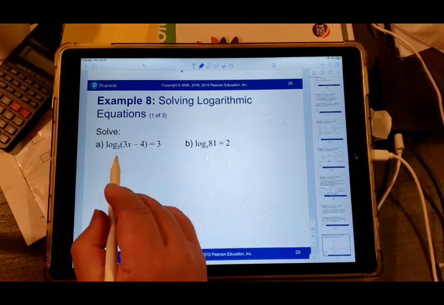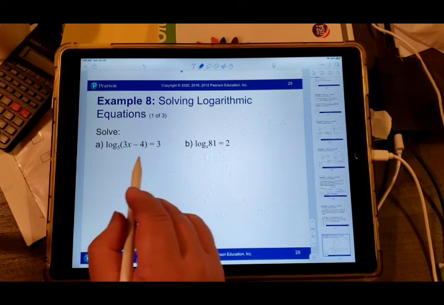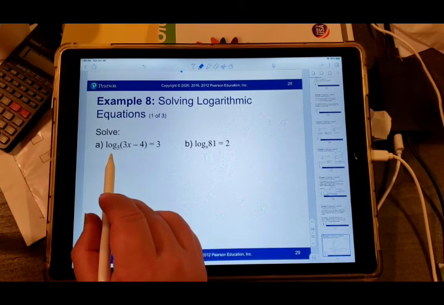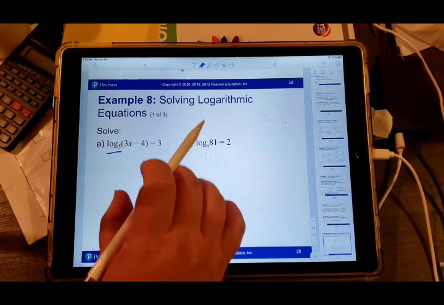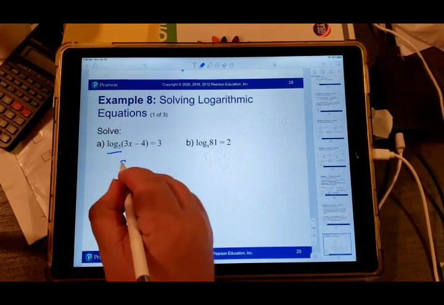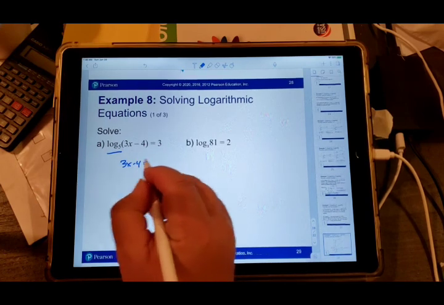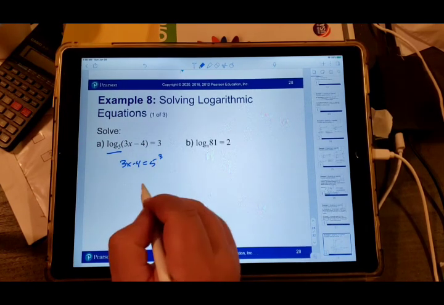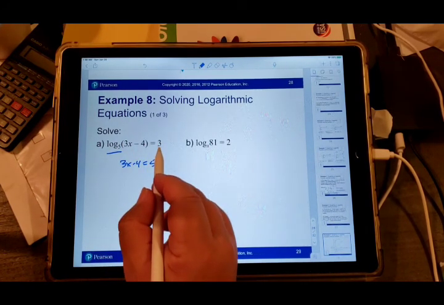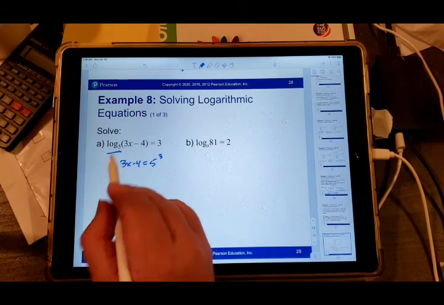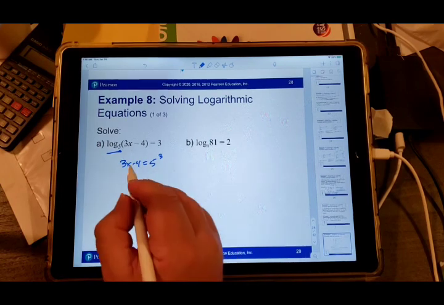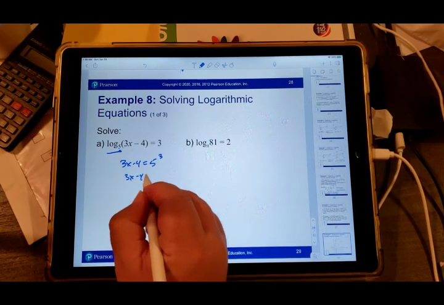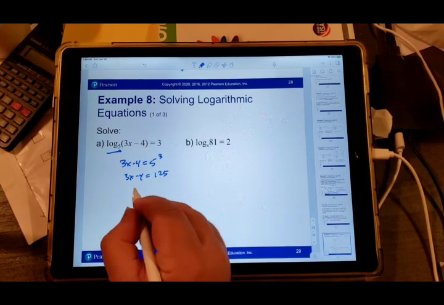All right, so solving a logarithm equation like this, when there's only one logarithm, does involve scrambling. And if you remember the scramble, it's going to be 3x minus 4 equals 5 raised to the 3. Remember, this is the exponent that I put on that base. So I reunite the base with its exponent. 3x minus 4 equals 125.